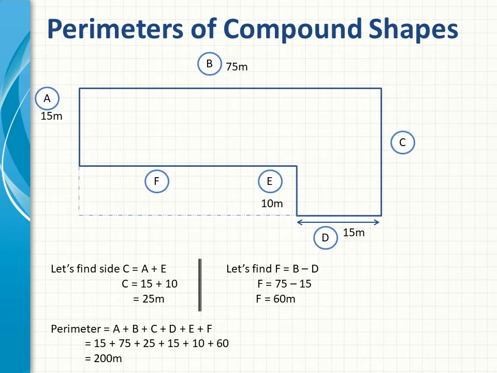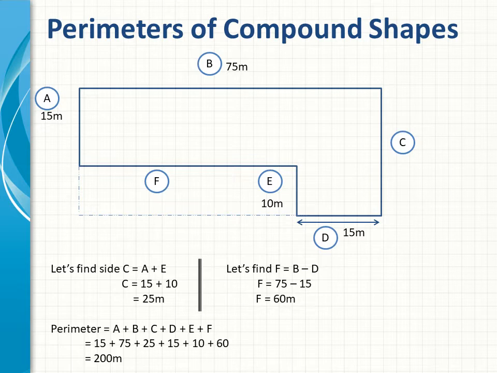Can you see the dotted lines? Okay, so now it's like we have a full rectangle. And remember, a rectangle has two opposite sides equal. The same thing is applicable in a shape like this. That's when you complete the line and make it a full rectangle.